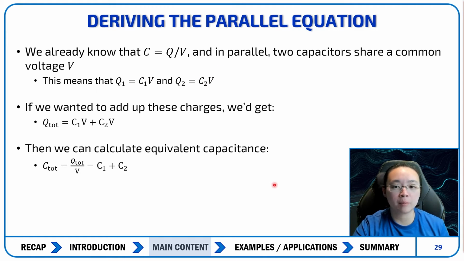Now, if we wanted to add up the charges, we would get the total charge is equal to C1V plus C2V. So if we have the total charge, we know that we can calculate capacitance because capacitance is Q over V. And so the total capacitance is the total charge over potential. We know potential is the same. So it's just Q total divided by V. And that means we just remove V from each of these and we get C1 plus C2. So that is how we would derive the equation for parallel capacitance.